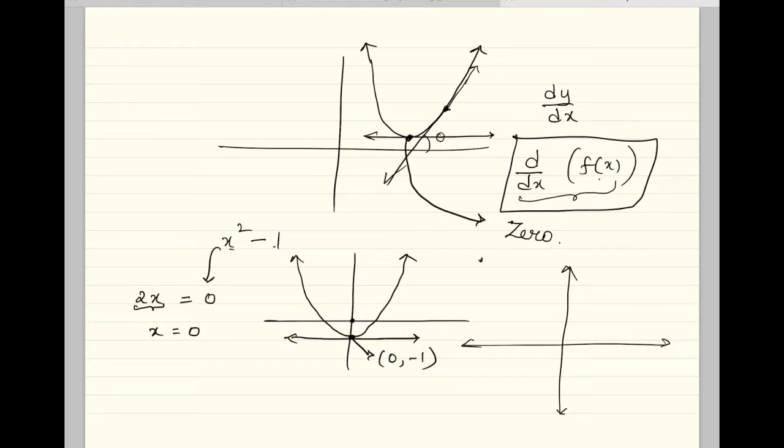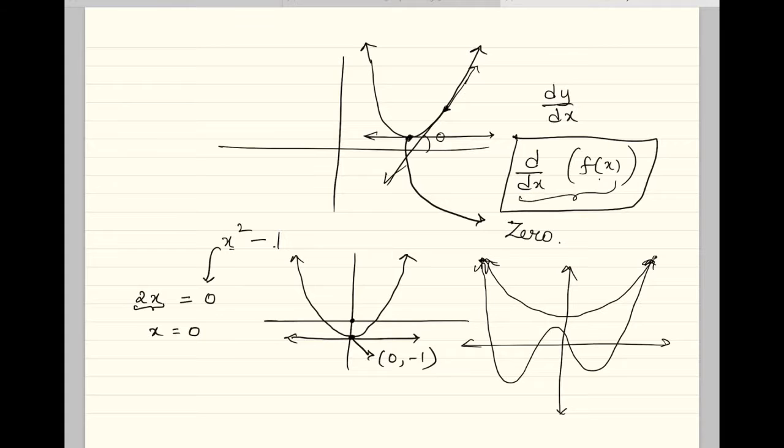But if it is going from plus infinity to plus infinity, then there is a problem, right? Because we don't know how the function will behave in between. So it may behave like this, or it may behave in a very simple manner like this, correct?